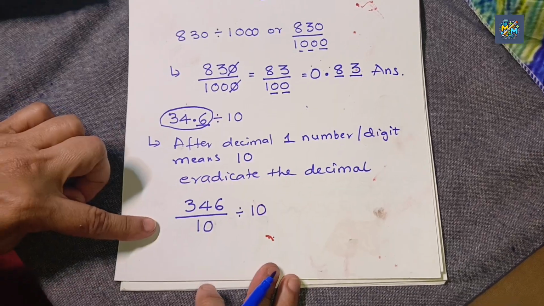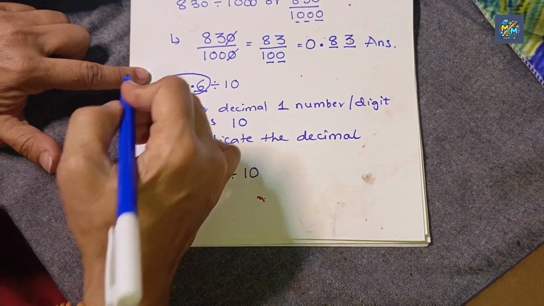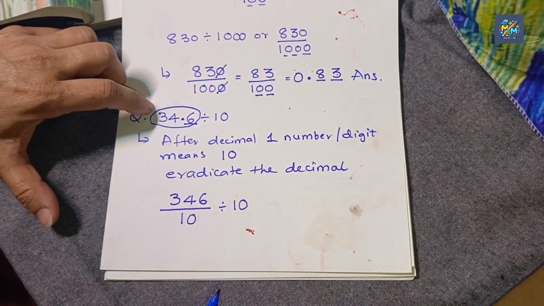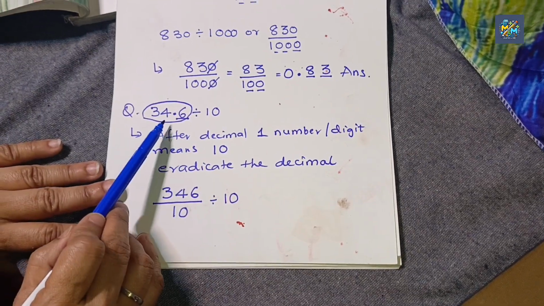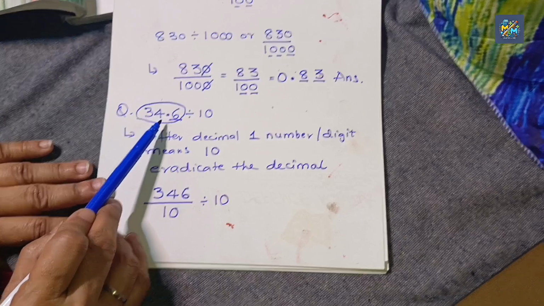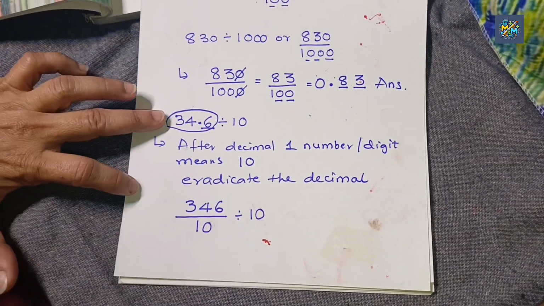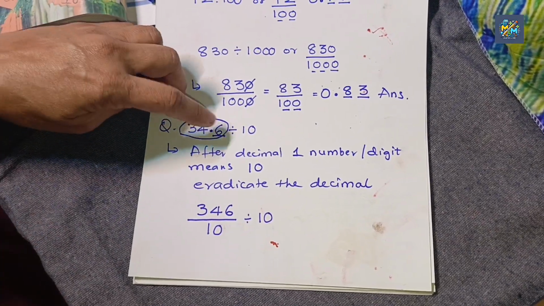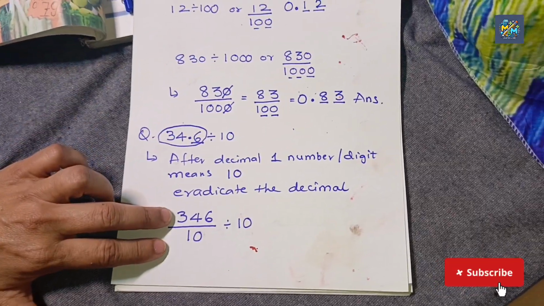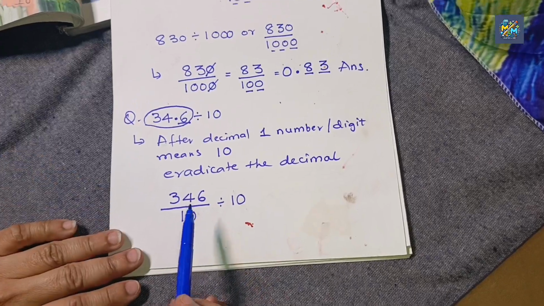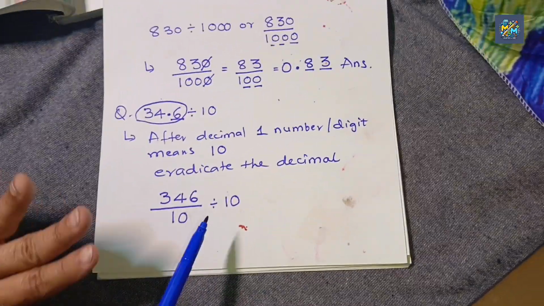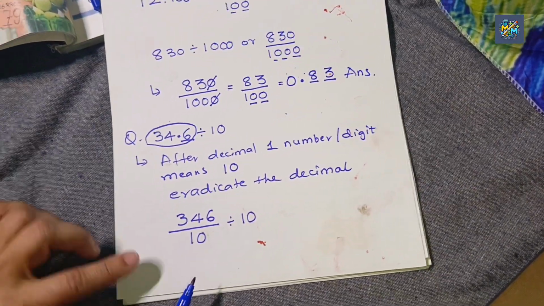I hope you understood this. My question was 34.6 divided by 10. So what did I do? I eradicated the decimal and I converted this number into a fraction, divided by 10. Up till here, I hope you understood.